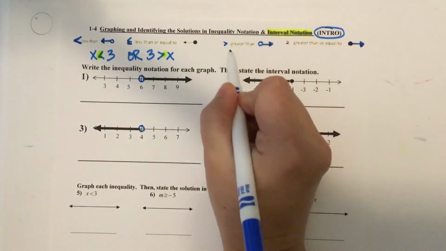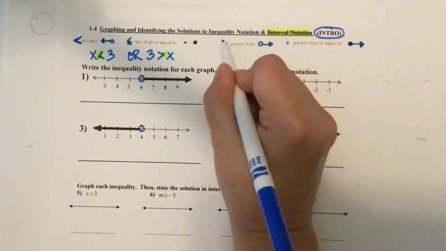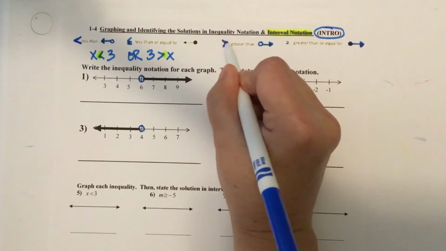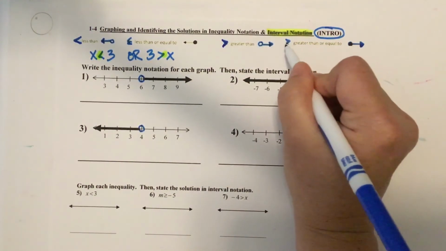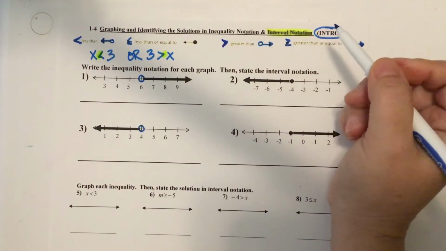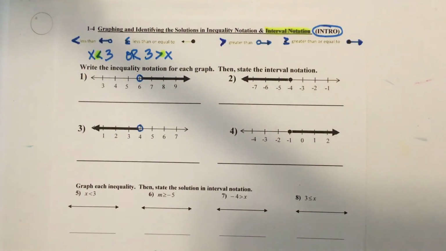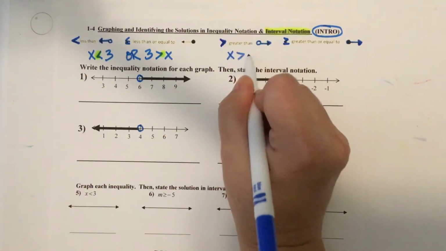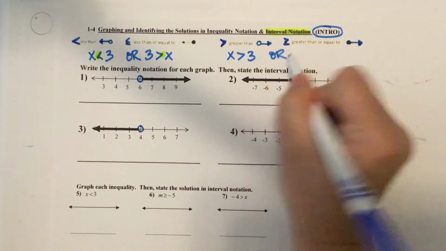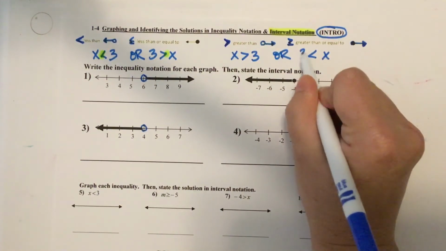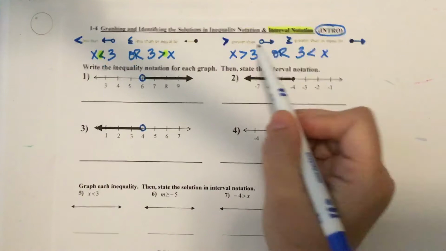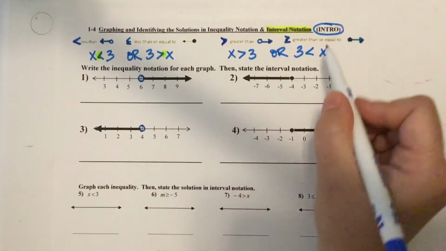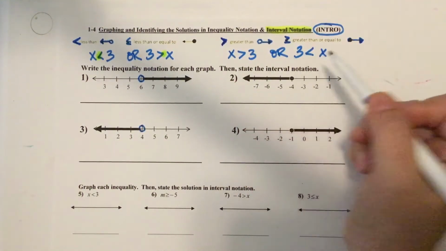Okay, when you just see these symbols the way they are, without any variables or numbers, this is a greater than sign, and this is a greater than or equal to sign. So if I want to say x is greater than 3, it can look like this, or it can look like this. This says x is greater than 3, and this says x is greater than 3.